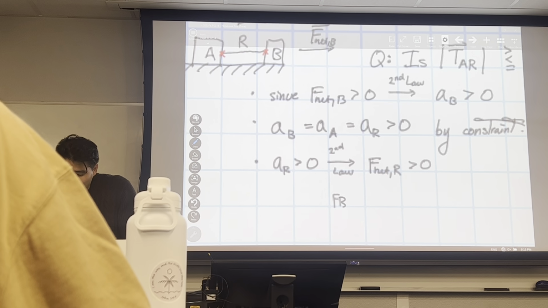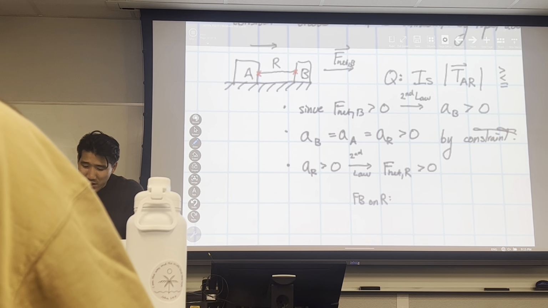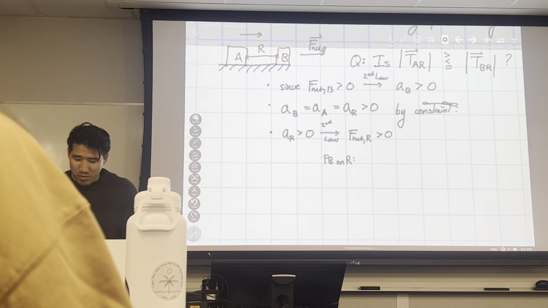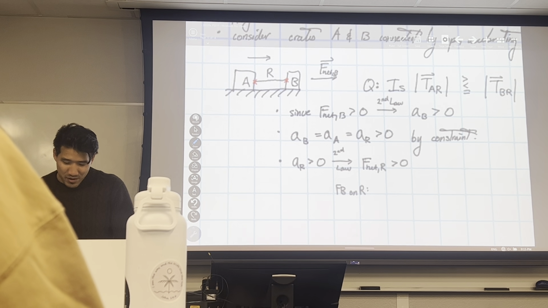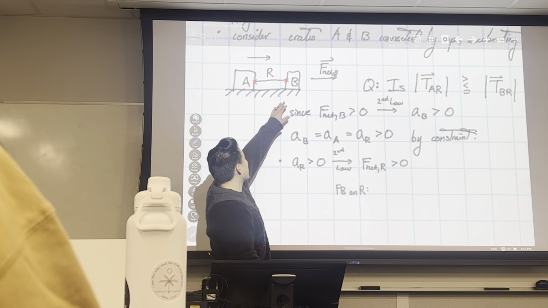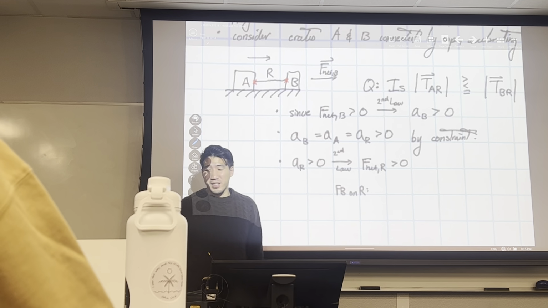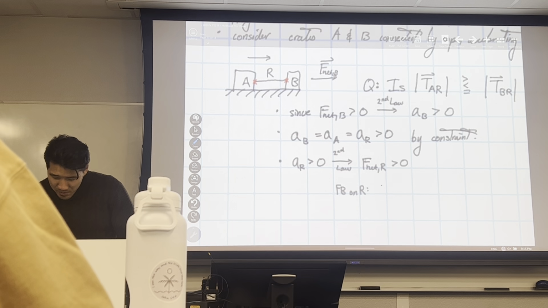So then let's do the force balance on the rope. What is actually the net force on the rope? We have object B pulling it to the positive x-axis.